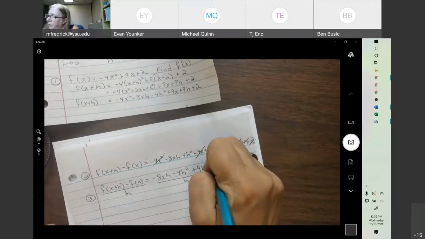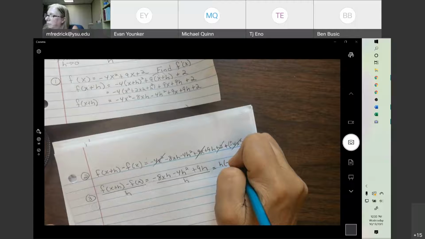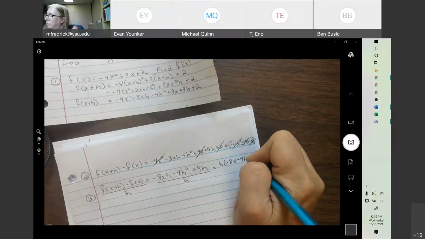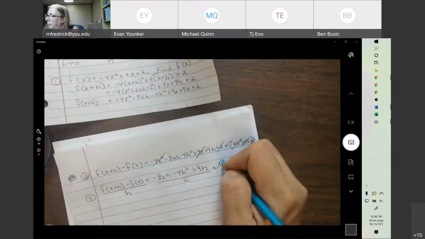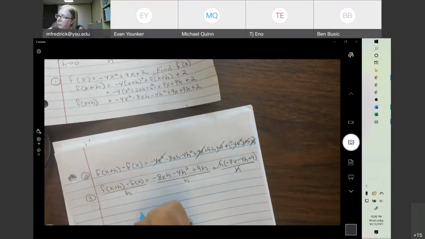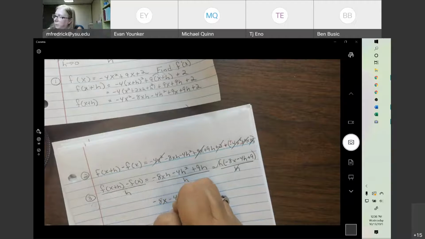So we could pull an h out. And then the h's cancel and leave the -8x minus 4h plus 9.